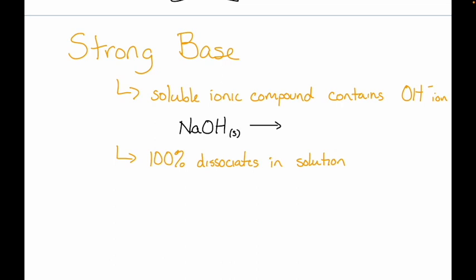You put it into water, it's going to 100% dissociate into sodium ions, and they don't do a dang thing but float around in solution, and hydroxide ions, which are our base. So like a strong acid, this reaction goes 100% to completion.